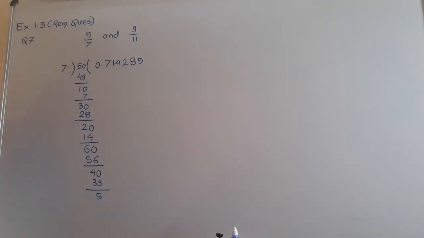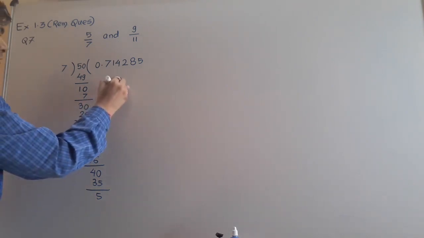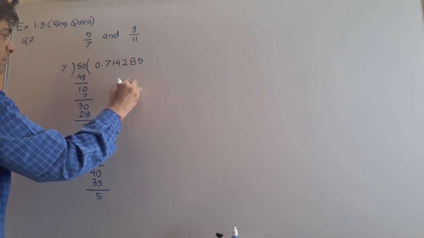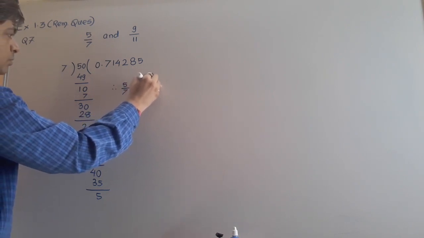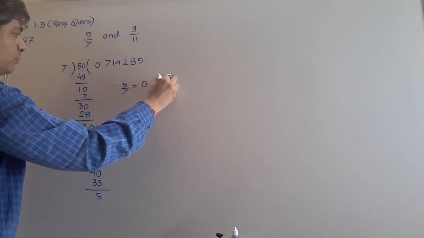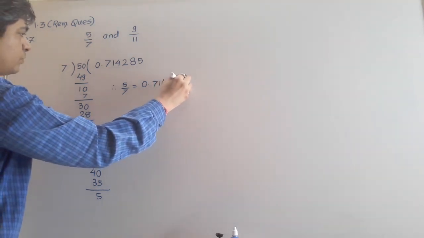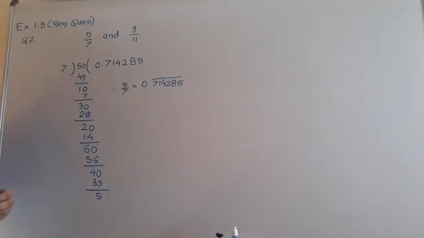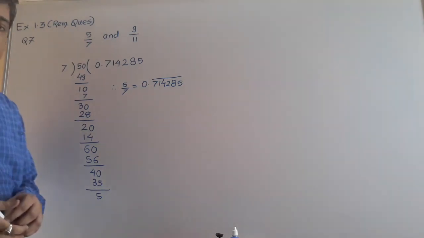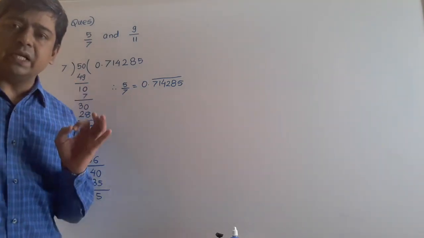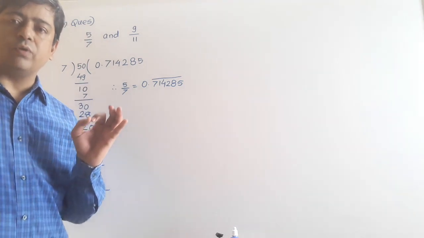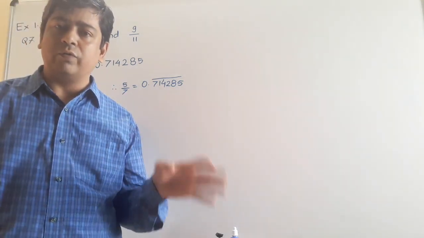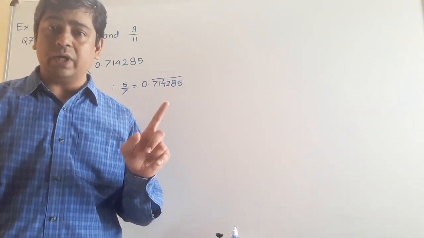Observe, I got the remainder 5 again. So I can say that 5 upon 7 is equal to 0.714285 bar. And one more thing you observe. In the first question of today, we have seen any terminating decimal should have a denominator in the form of factors of 2 or 5 or both, but not any other number.